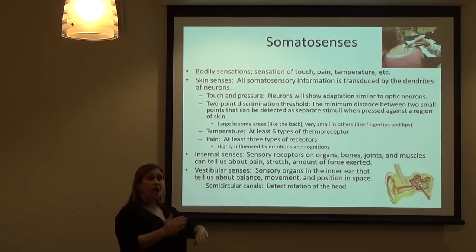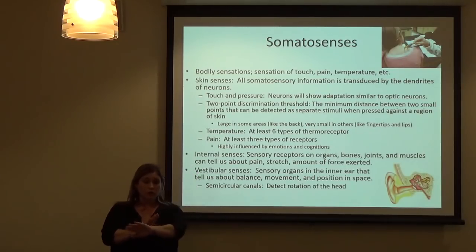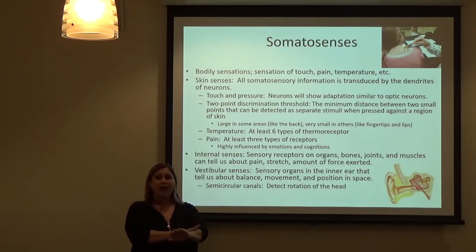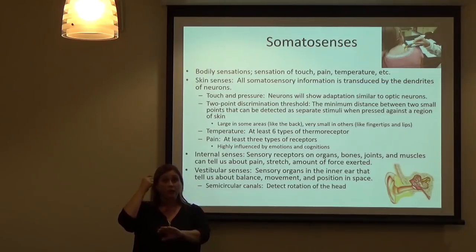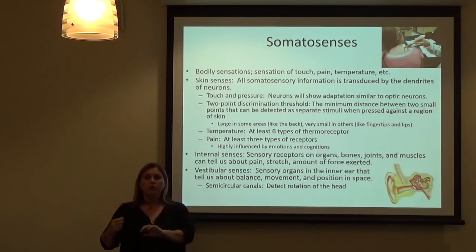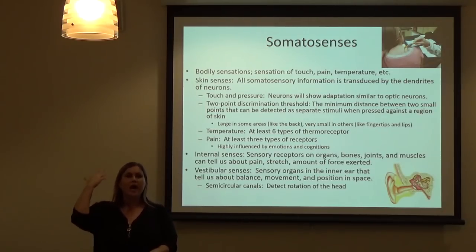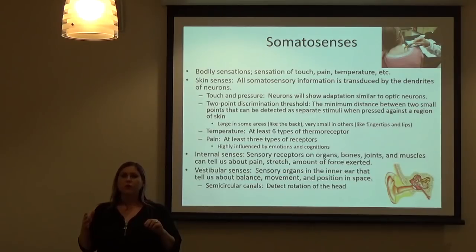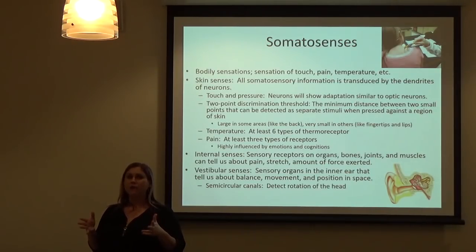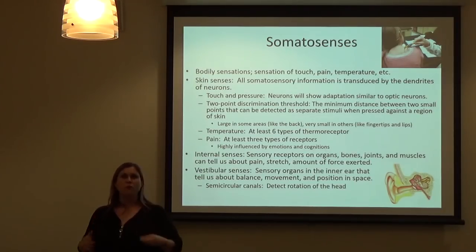And your touch and your pressure neurons show adaptation a lot like your visual neurons do. So your visual neurons get tired after a while. You know how if you stare at a light for a long time and then you look away from that light, you can still see the visible persistence of that light?